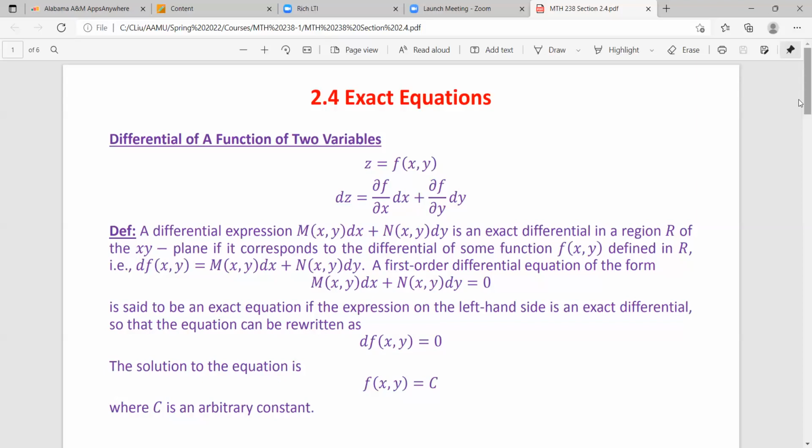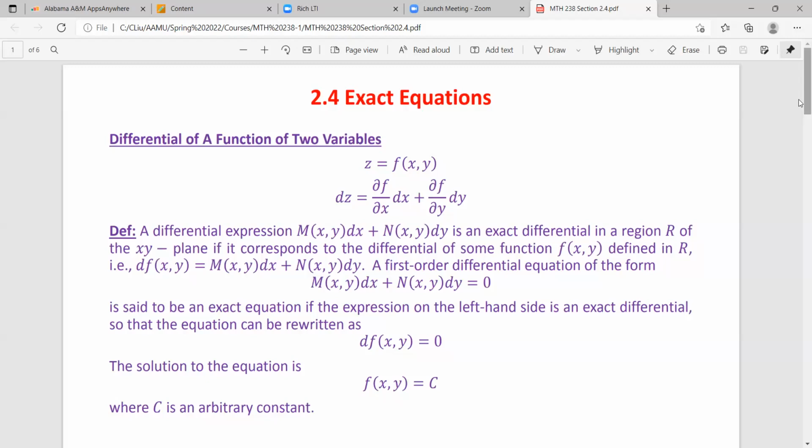Okay. So then if you have a first order differential equation of the form M dx plus N dy equal to 0, that is said to be an exact equation if the expression on the left-hand side is an exact differential. Okay, so that means you can rewrite the left-hand side of the equation as df, and the equation then becomes df equal to 0.